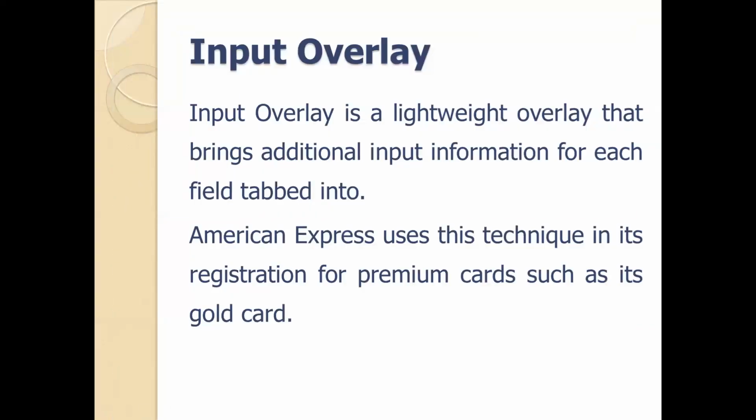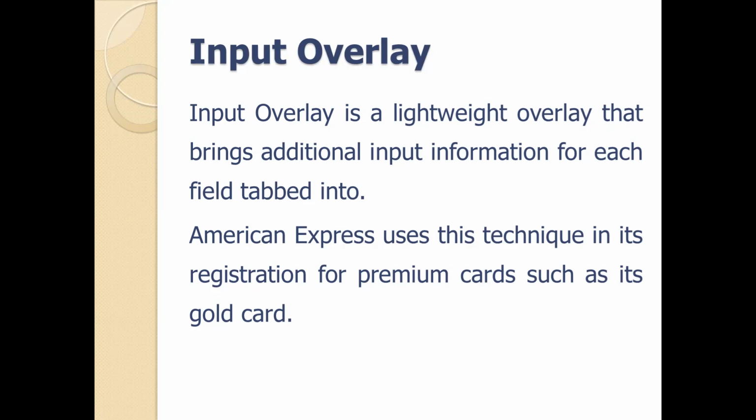Then the third one is input overlay. This is again a lightweight pop-up which gives you additional information about the input. For example, if you're filling out a registration form, you may find that first name and last name are mandatory and middle name is optional.